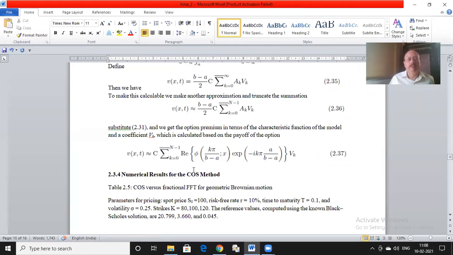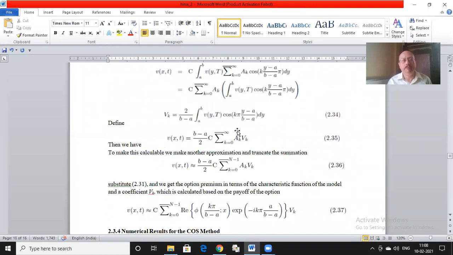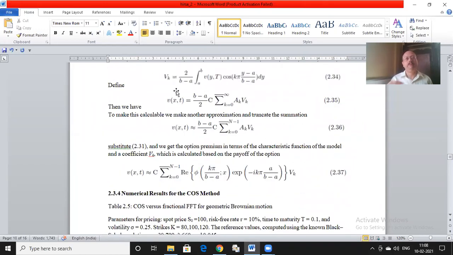So I have a truncation here, finite sum. I have an approximation for the integral here because I have truncated the range. So using these two approximations, as we have done earlier, I plug the terms back in, and this is what I have. So Ak is closely approximated by this real term, real part of this.